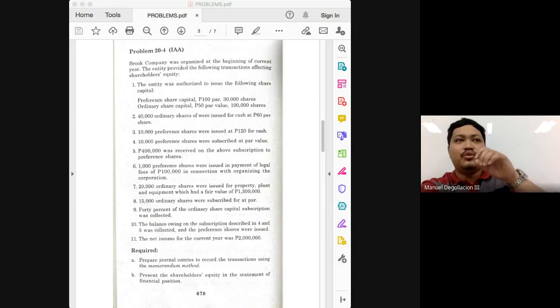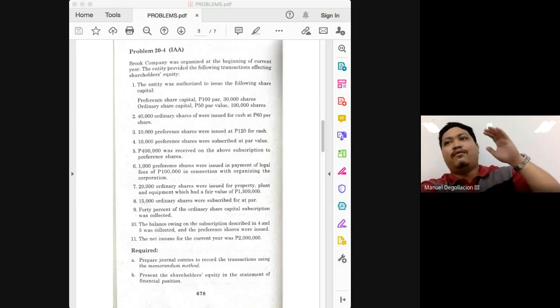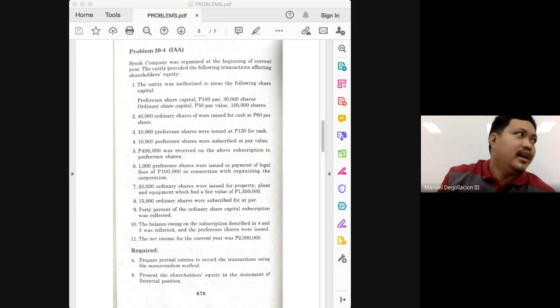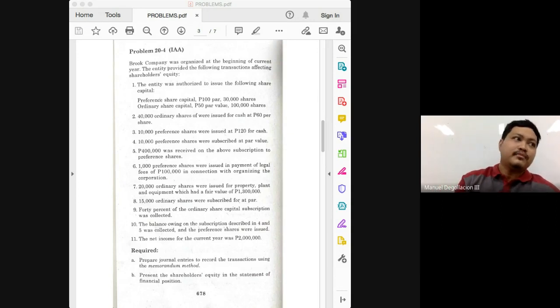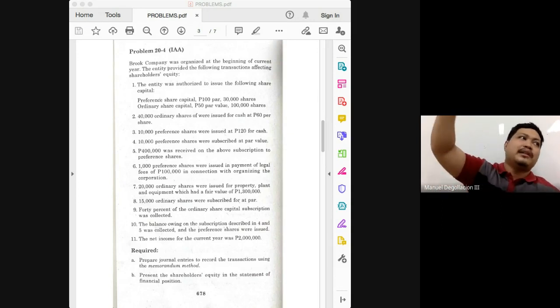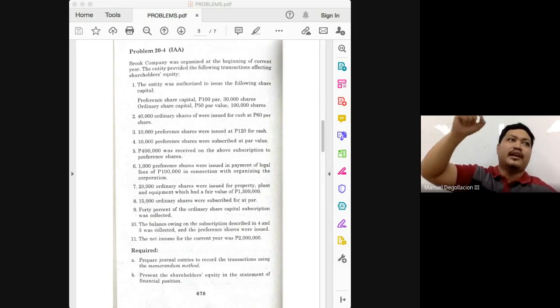Okay, I hope you do not forget that for full payment of subscriptions, aside from recording the collection, you will also record the issuance of the shares. And what would be the entry here? Debit, subscribed share capital preference shares. You are simply transferring the subscribed share capital, class, to your preference share capital.